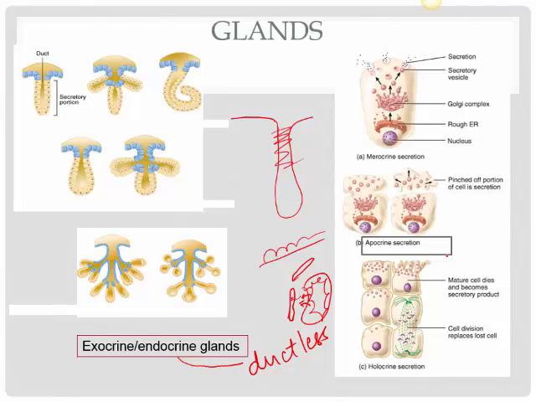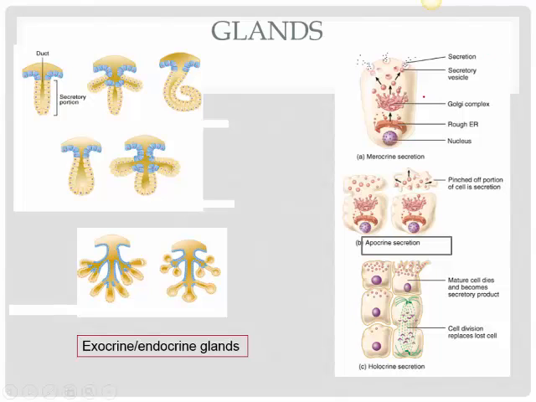Now, the way glands pour their secretions is in three ways. The majority of glands pour their secretions by what is called merocrine secretion. Here's a cell in the gland. Any one of these cells has all these organelles. Most of the secretions are enzymes, or they may be hormones.